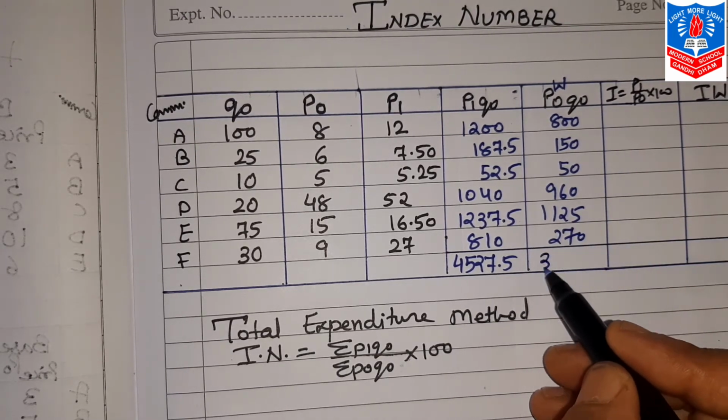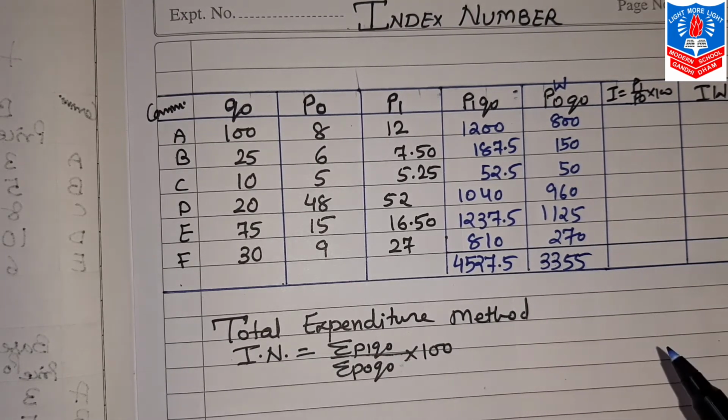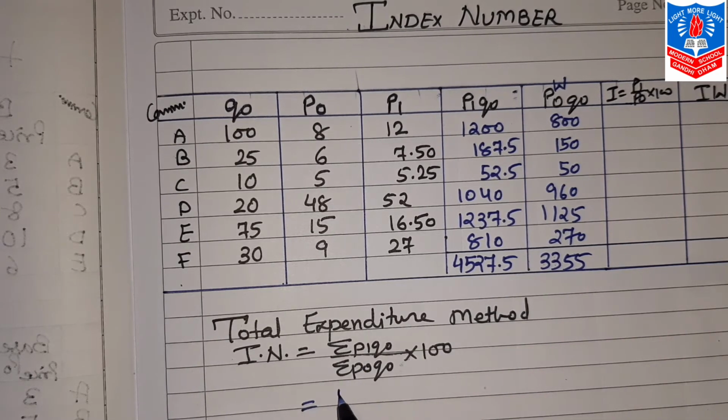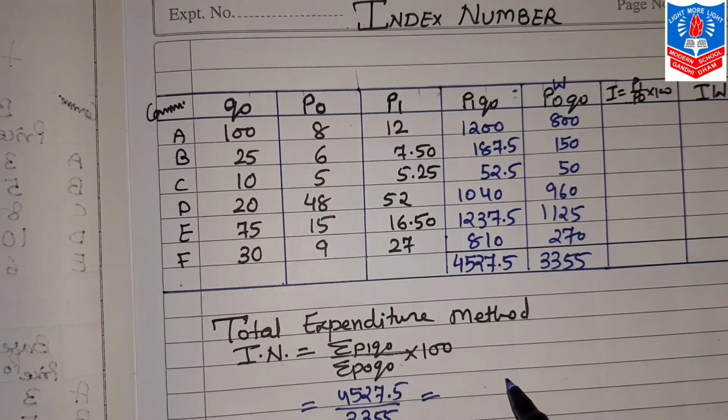Total of this is 3355. Now put these two values in this formula, which will be 4527.5 upon 3355. That comes 134.95. Now this is your total expenditure method, how we solve.